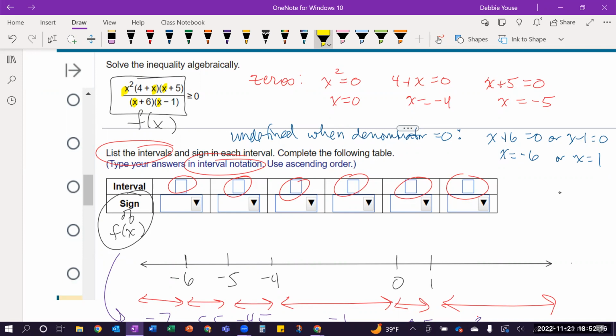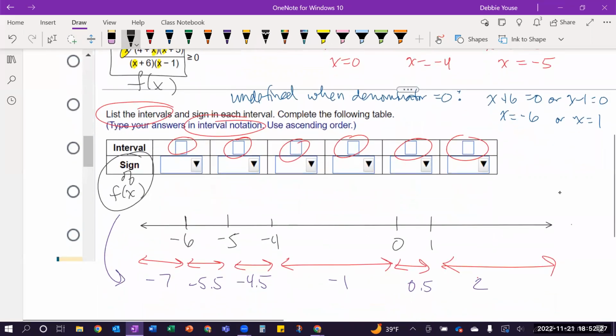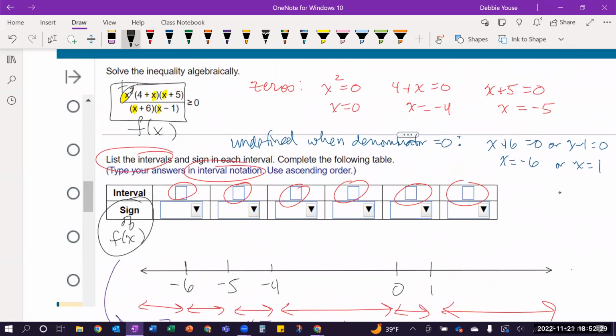So no matter if these are positive or negative, when I do x squared, that's always going to be positive for all of those. So let's look at the other factors. If I had -7 to test this first one, and I had 4 plus -7, then this whole factor is negative. -7 plus 5, this one is negative. Well, if I multiply those together, that's positive.